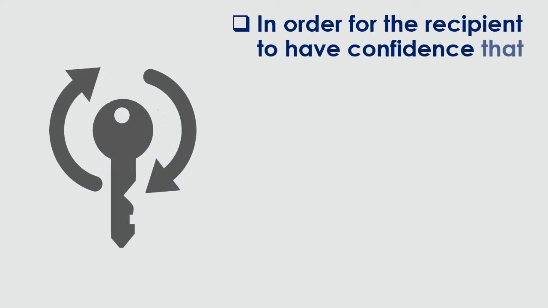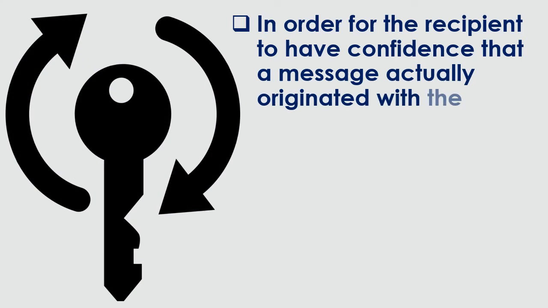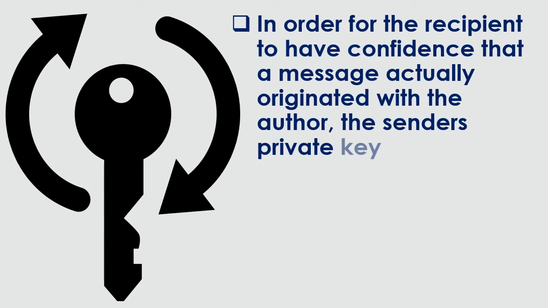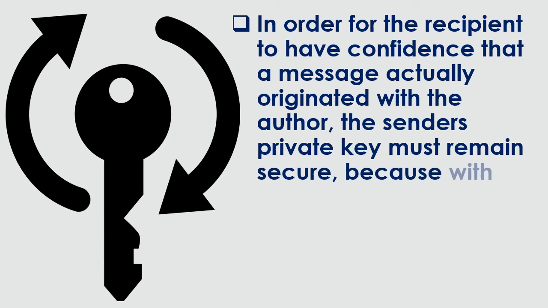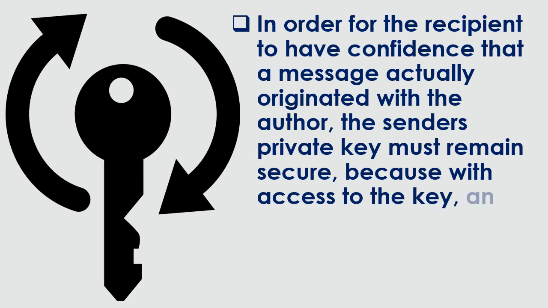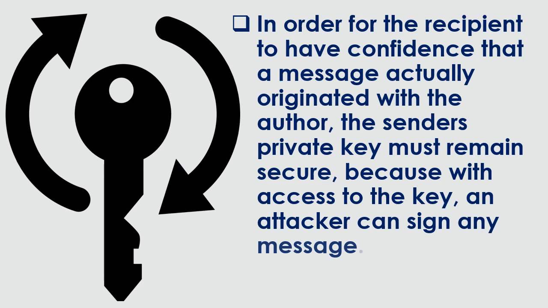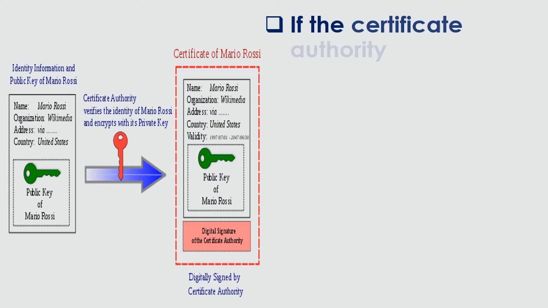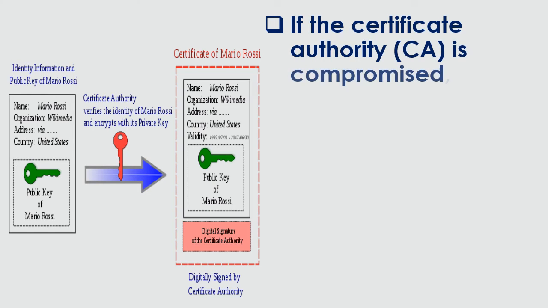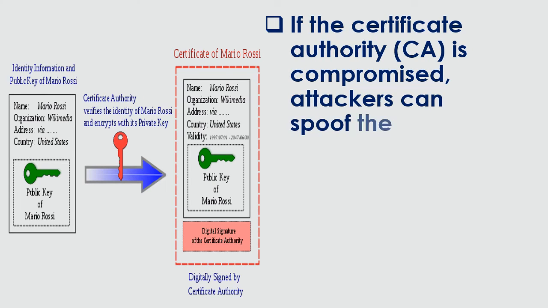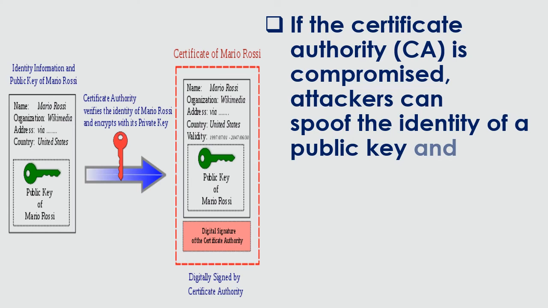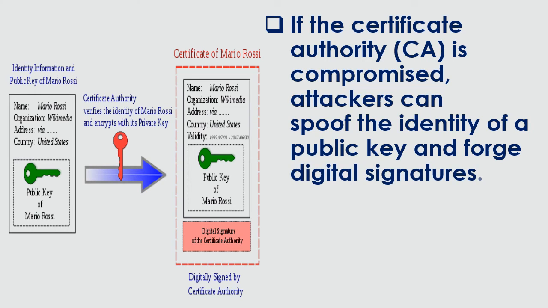In order for the recipient to have confidence that a message actually originated with the author, the sender's private key must remain secure, because with access to the key, an attacker can sign any message. If the certificate authority, CA, is compromised, attackers can spoof the identity of a public key and forge digital signatures.